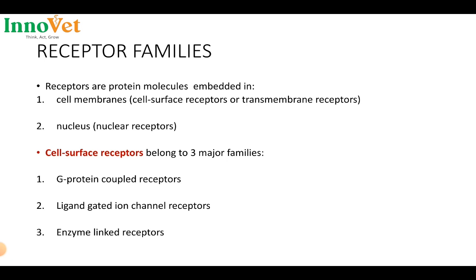We can find them embedded in the nucleus. We call those ones nuclear receptors. The cell surface receptors belong to three major families. These include the G protein coupled receptors, the ligand gated ion channel receptors, and enzyme linked receptors.